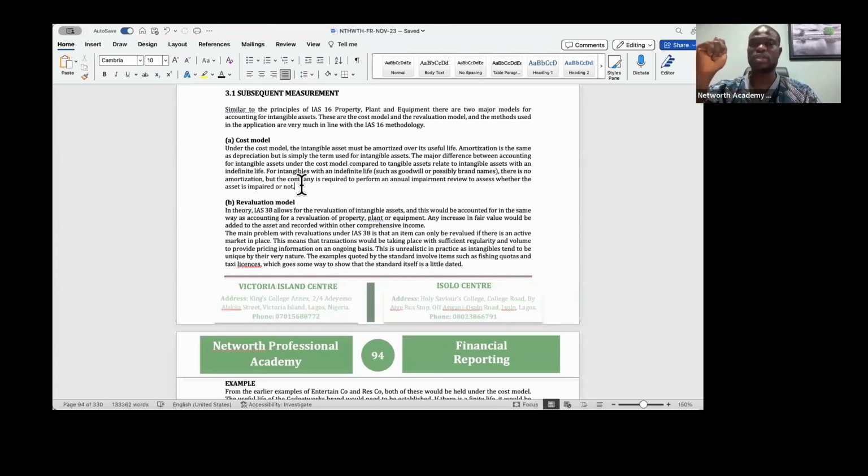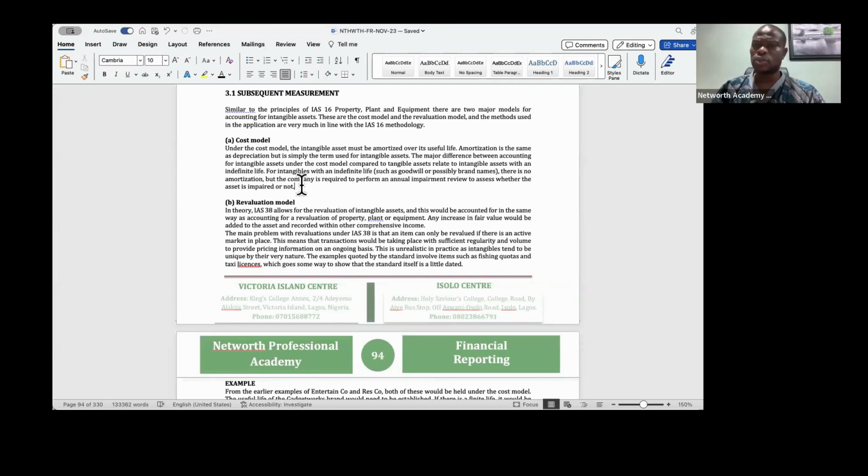And in addition to that, when an intangible asset has an indefinite useful life, in addition to testing it for impairment annually, we must also reassess whether that useful life is still indefinite. Because intangible assets are majorly technological-based assets.